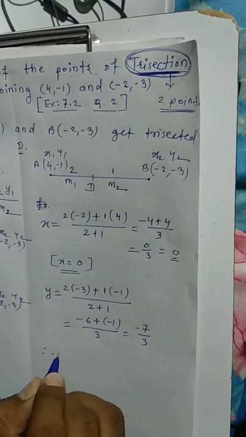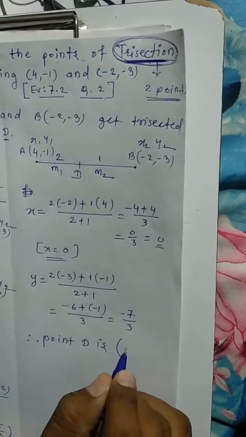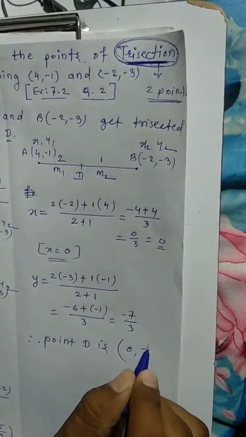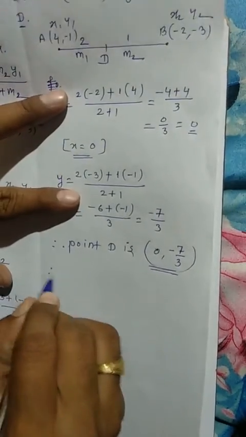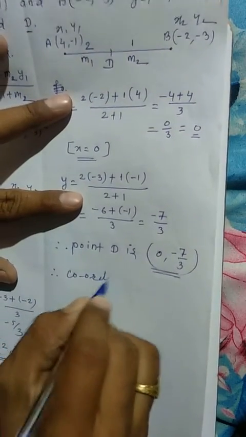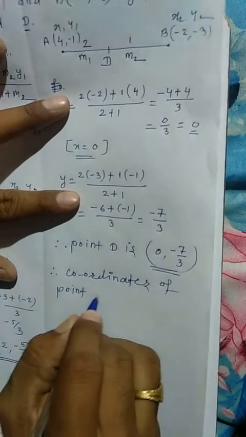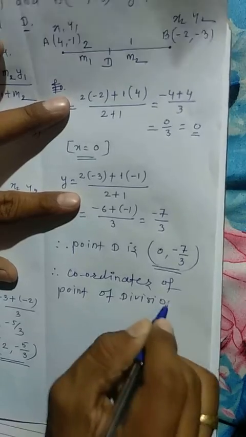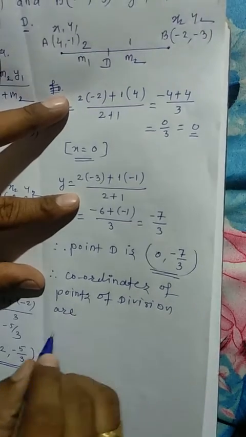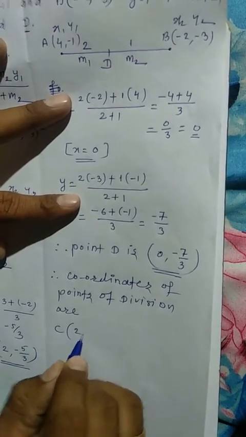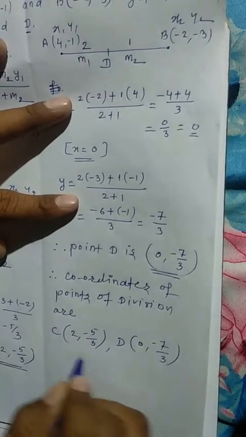Therefore point D is (0, -7/3). Therefore the points of division are: C has coordinates (2, -5/3) and D has (0, -7/3).